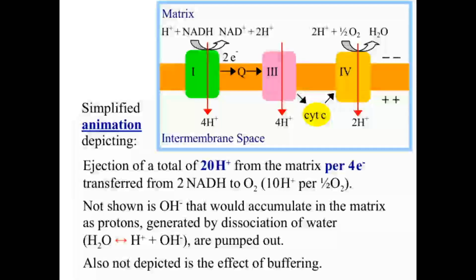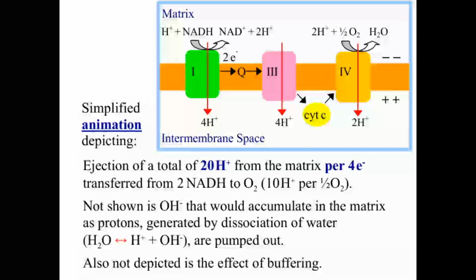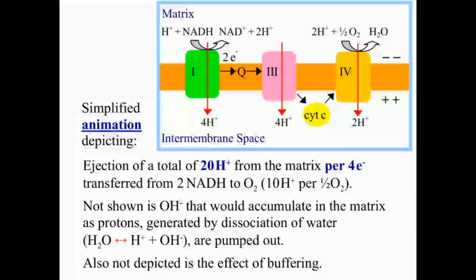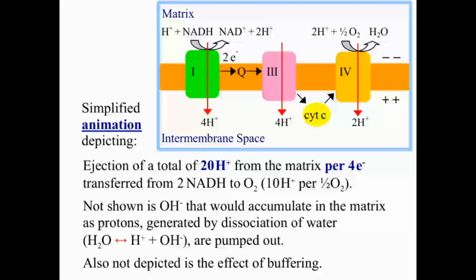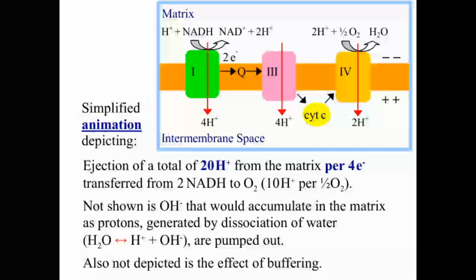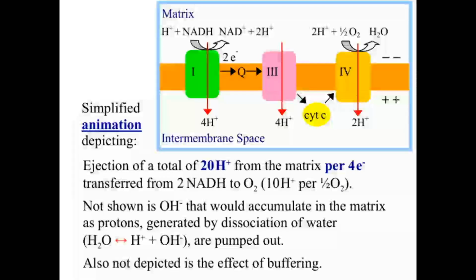The mitochondria have buffers that help manage pH and stabilize the environment, ensuring that the proton gradient is maintained efficiently. So overall, this slide highlights how electron transfer is coupled with proton pumping, establishing the electrochemical gradient that powers ATP production. It's a fundamental part of cellular respiration and energy generation.